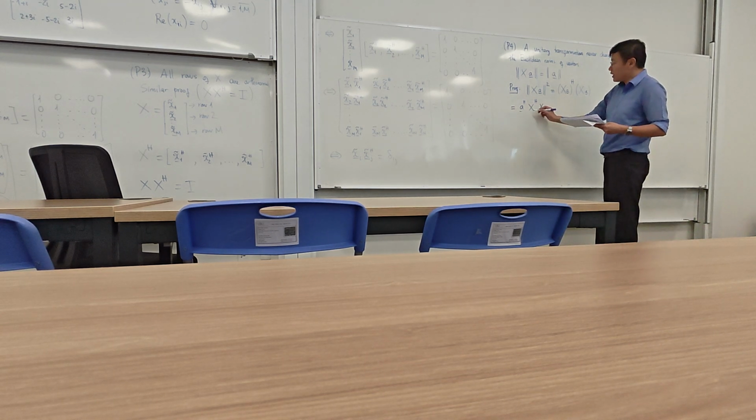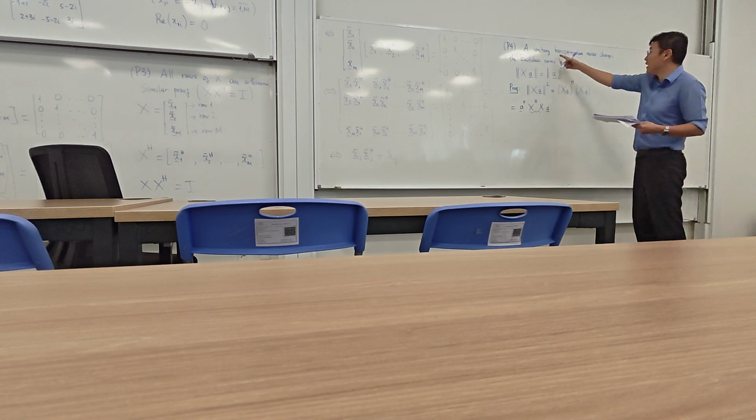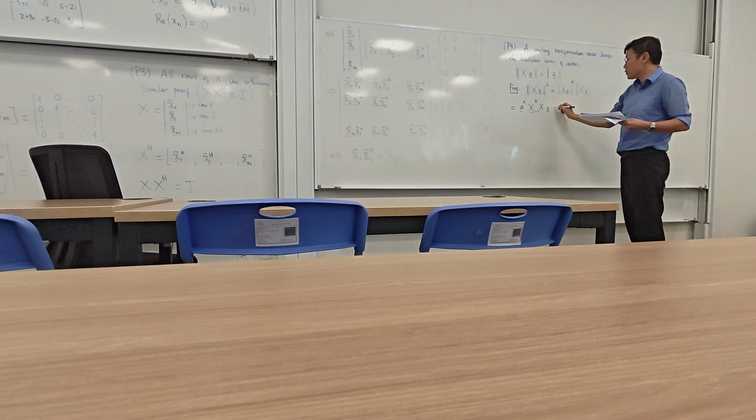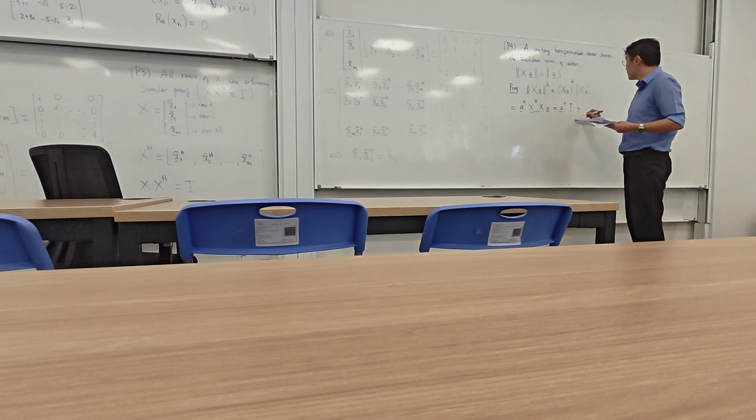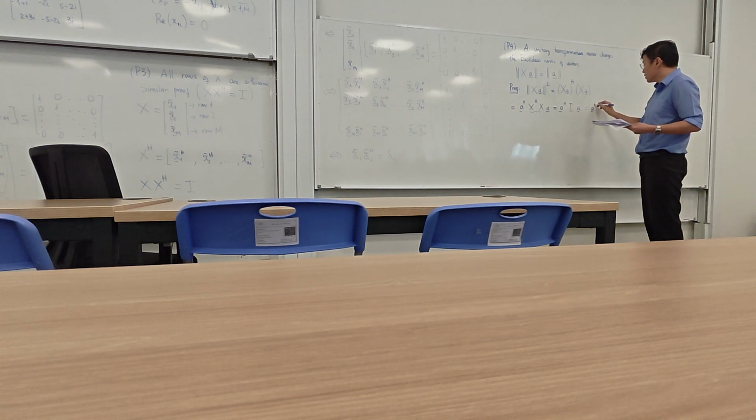Yeah, and then because we are working with a unitary matrix, this means that X is a unitary matrix. Then you have A Hermitian multiply with I multiply with A, and it's equal to A Hermitian transpose multiply with A, and then it's equal to the norm of A squared.